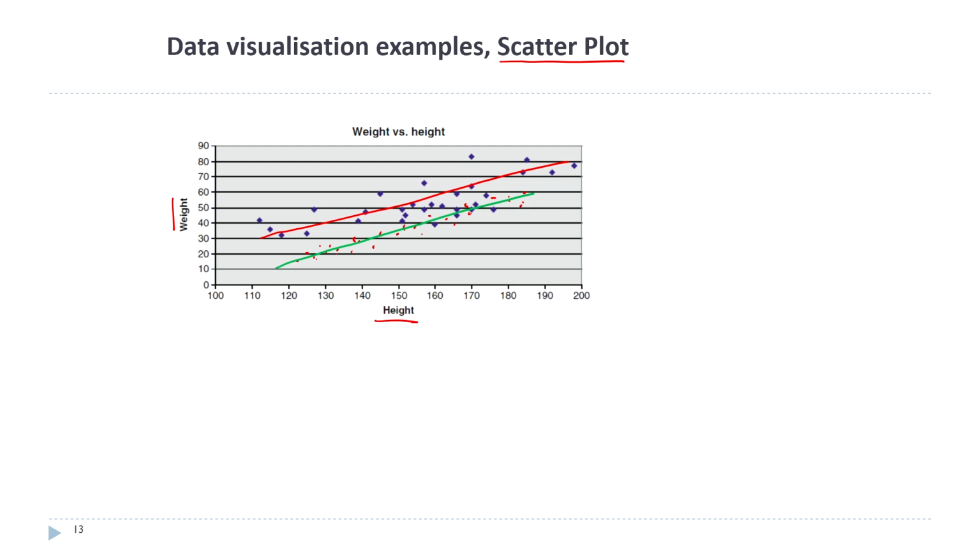So, to show the relationship between two variables, it is perfect to use it for large populations.